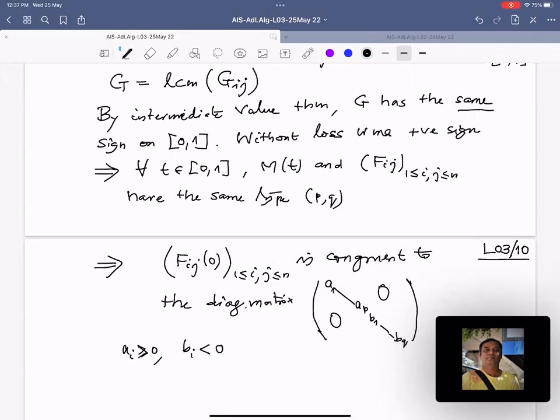The A's are bigger than 0, the B's are less than 0. So this is for i from 1 to P, and this is for i from 1 to Q, and P plus Q is n. It's non-degenerate.